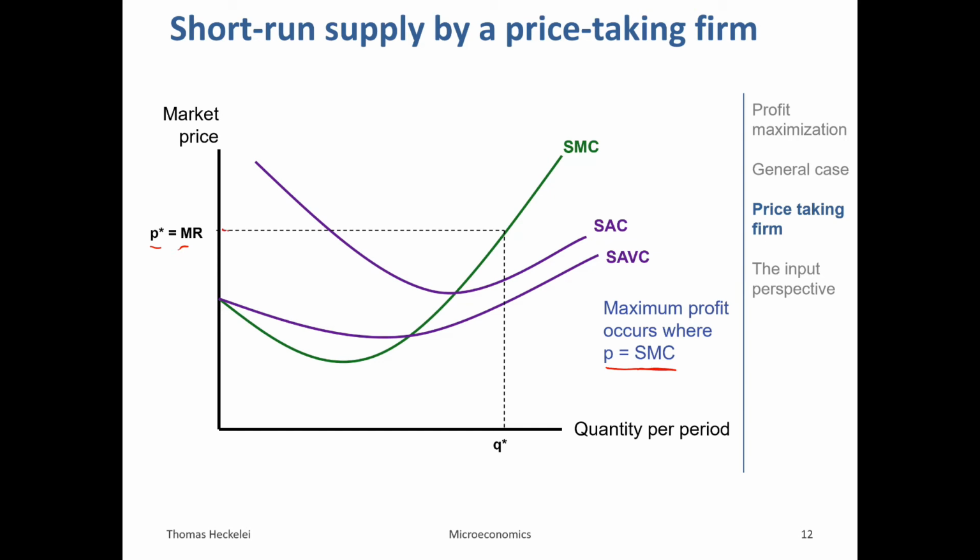And remember the graph that I showed you on the board, where we have the marginal revenue curve on the same graph with the marginal cost curve. Here we could think of the marginal revenue curve as a horizontal line, constant over the range of quantity produced. And we choose the point where marginal revenue equals marginal cost. That is that.